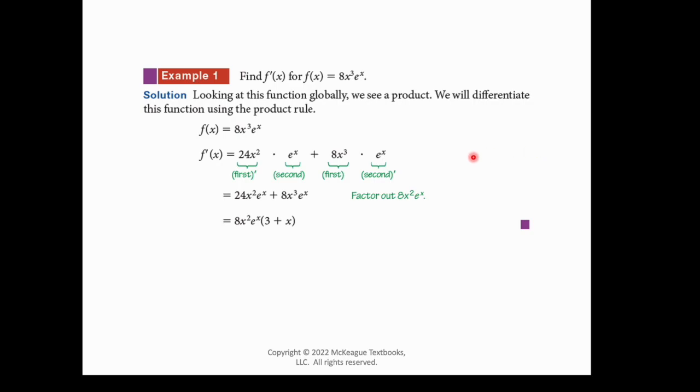So let's look at the first example. We have: find the derivative of f if the function is 8x to the third times e to the x. What we have here is the product rule. We have two factors.